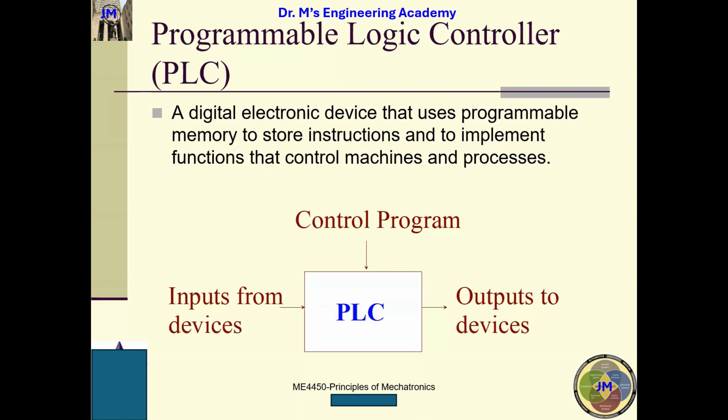First, you design a program for your application. You write a program, download it, and then wire the system to the inputs and outputs. Whenever input signals are fed to this PLC, the microcontroller will go through the control program that you have downloaded and determine what kind of actions will be taken.